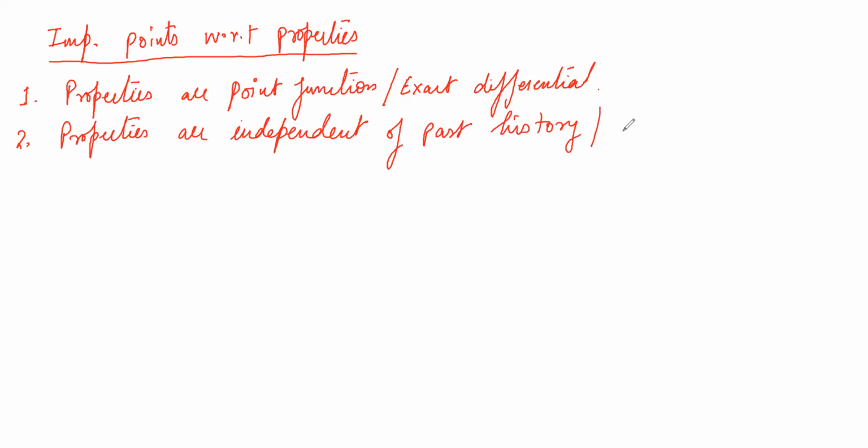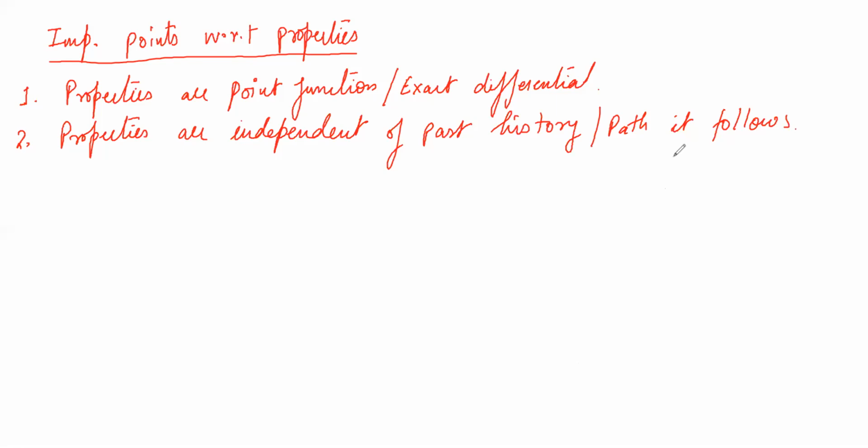Past history means the path it follows. Suppose when I'm talking about properties, what does it mean that properties are independent of past history or the path it follows?